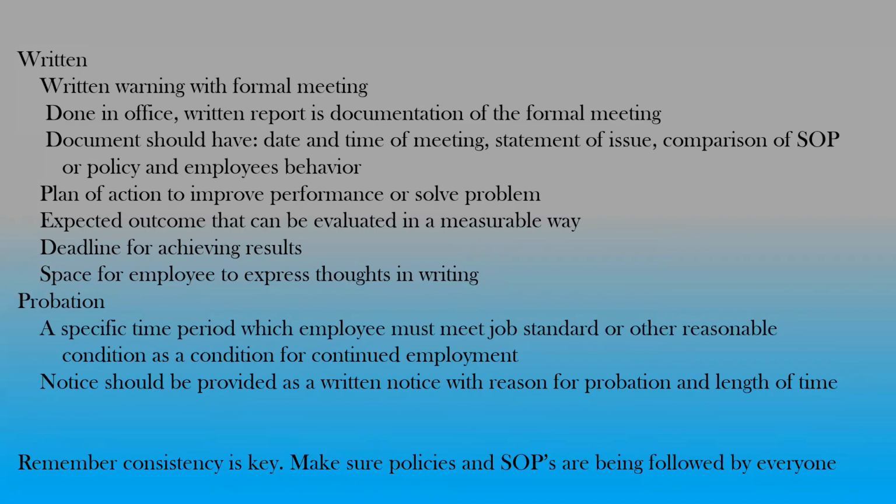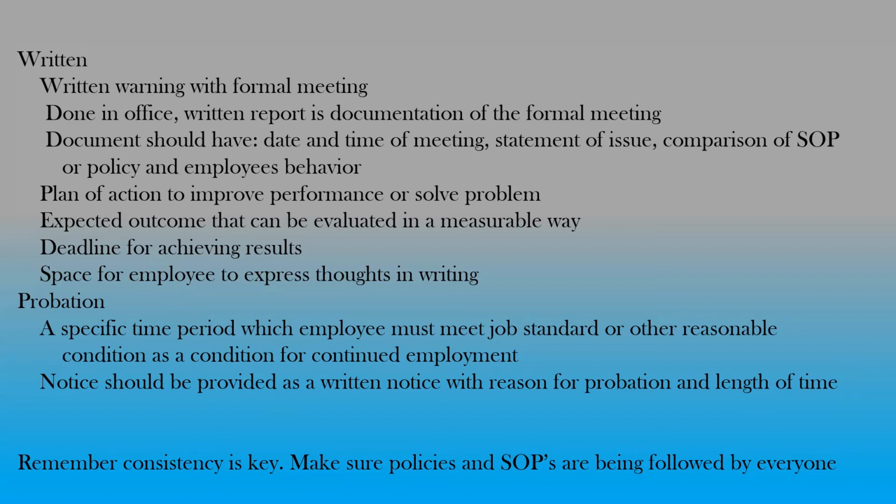Probation is a specific time period in which an employee must meet job standards or other reasonable conditions as a condition for continued employment. And this is another written notice, and it gives the reason for that probation and the length of time that they're on that probation. It's a written documentation that says, we've tried other things.